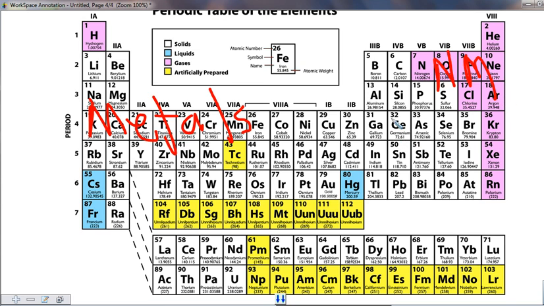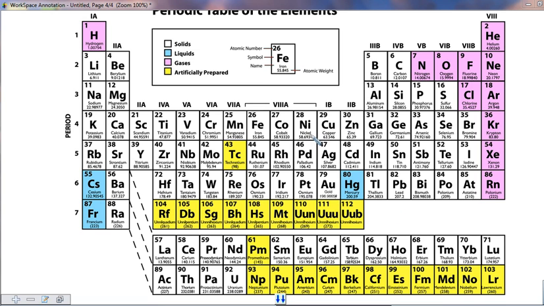There is a third group of elements that are called the metalloids. The metalloids are found along the stair-step line. They have characteristics of both metals and non-metals. All the elements on the stair-step line are metalloids except for aluminum. Aluminum is considered a pure metal.